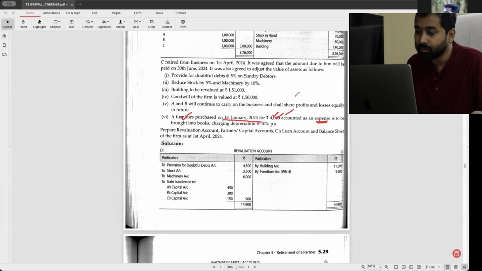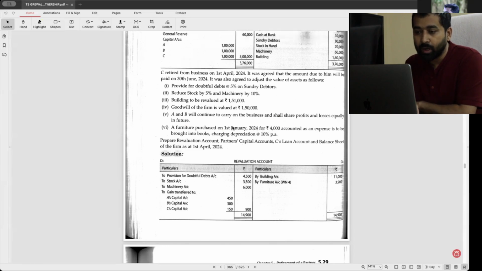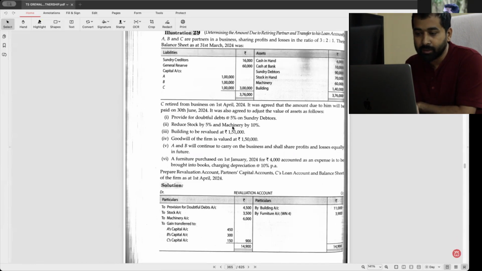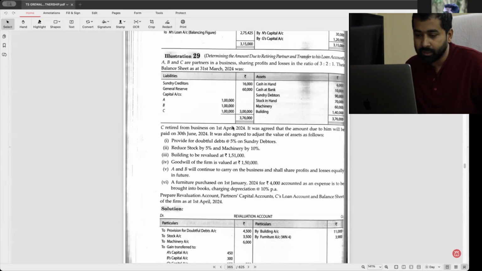This was an unaccounted asset. Now this we should consider. Again from that time you are going to make the full year, and you are making it up to 31st March 2024.